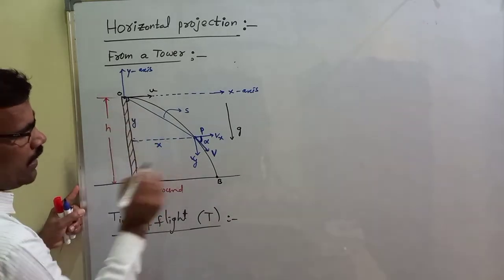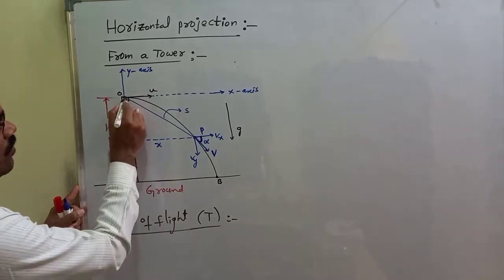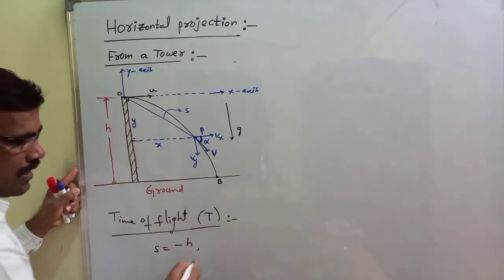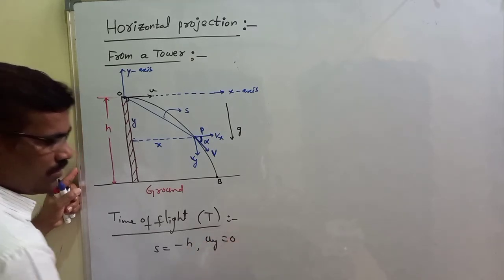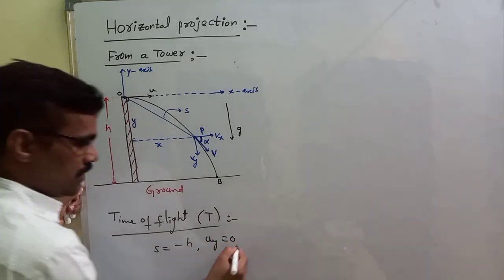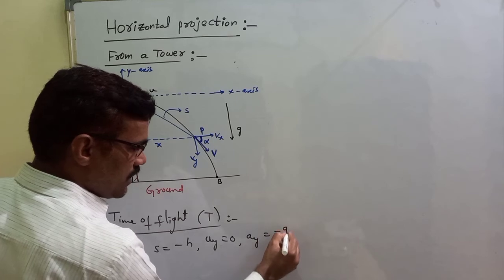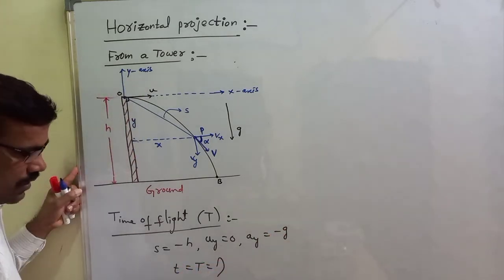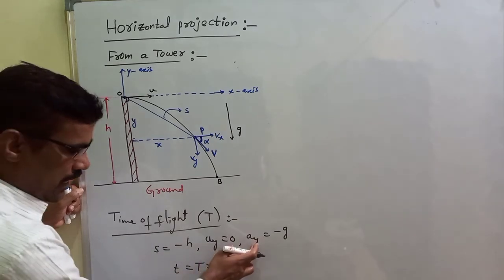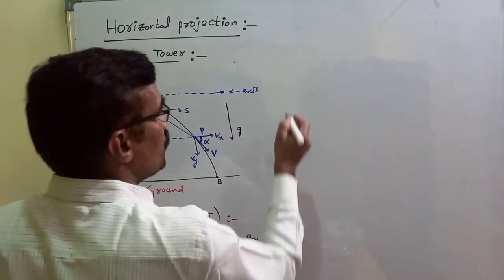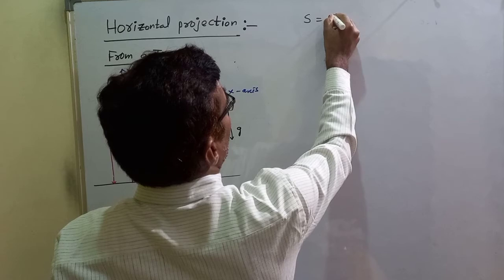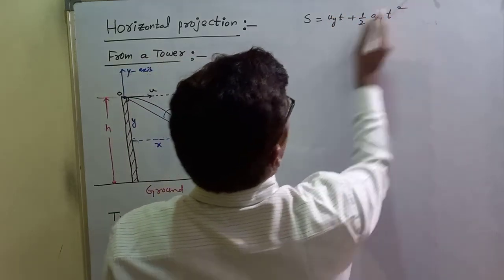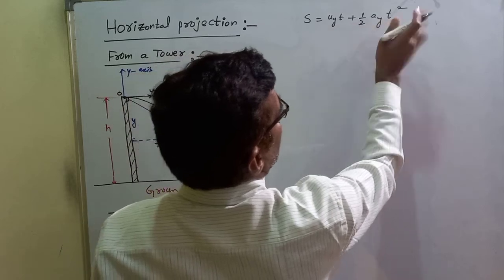When it reaches B, the vertical displacement is minus h. Uy is 0, the initial vertical component of velocity. Ay is equal to minus g, and t is equal to capital T. We use S equal to ut plus half at square, that is S equal to uy t plus half ay t square.